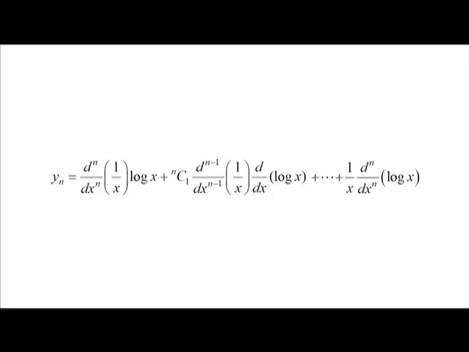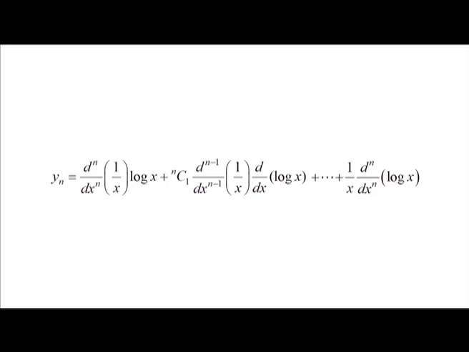We take u(x) = 1/x and v(x) = log x. Applying Leibniz theorem, we get yn = the nth derivative of 1/x into log x + nC1 the (n-1)th derivative of 1/x into d/dx of log x plus etc., plus 1/x into the nth derivative of log x.